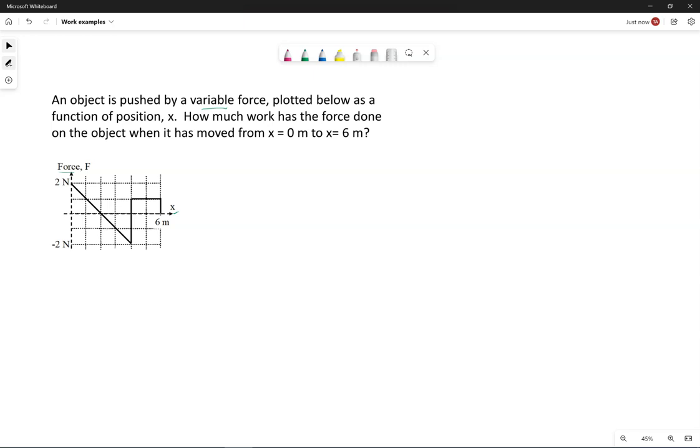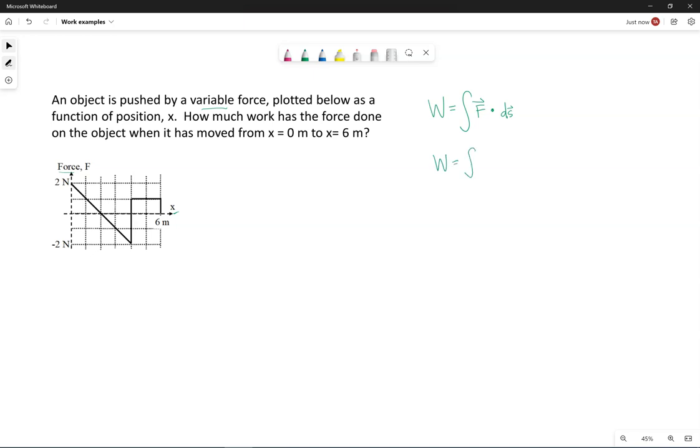Now remember, we have the basic equation for work: the integral of the force dotted with the displacement. The dot product, again, multiplies parallel components.